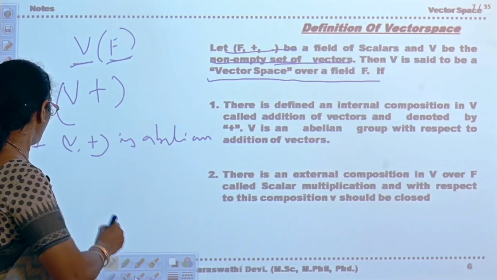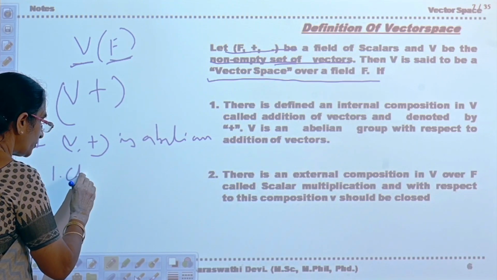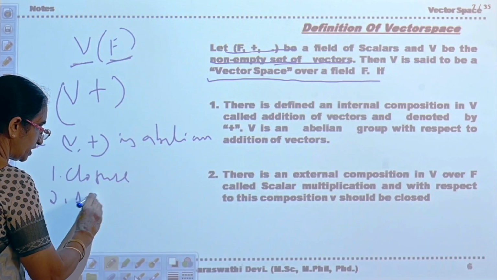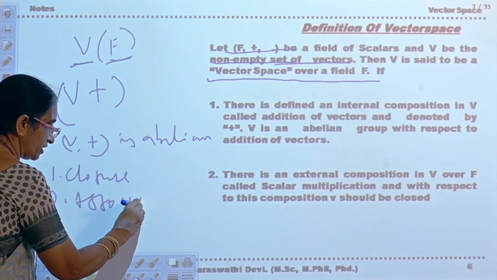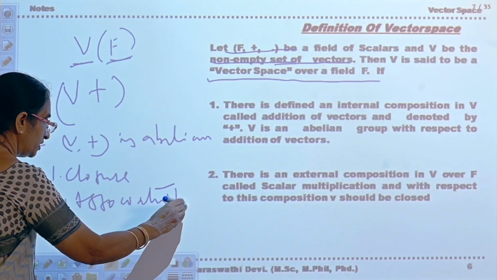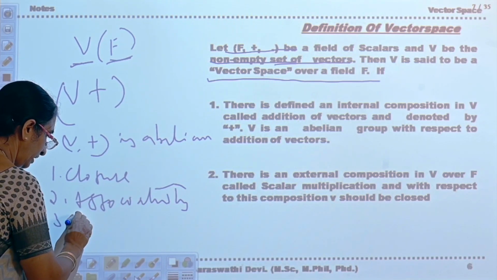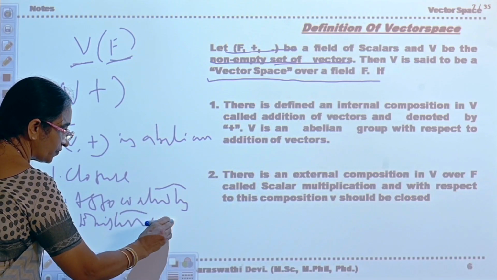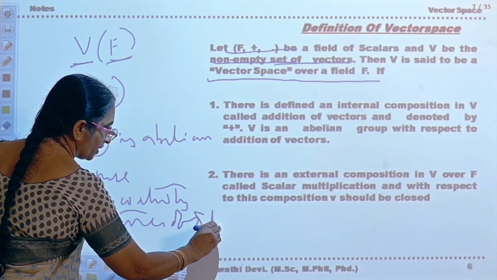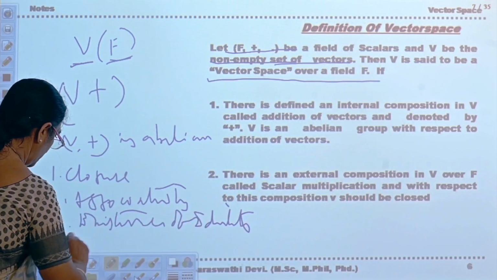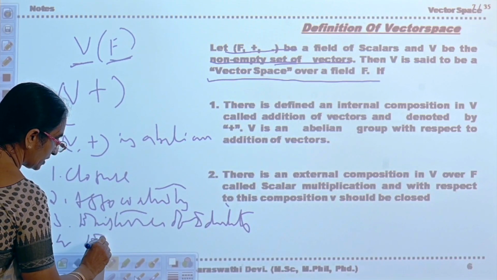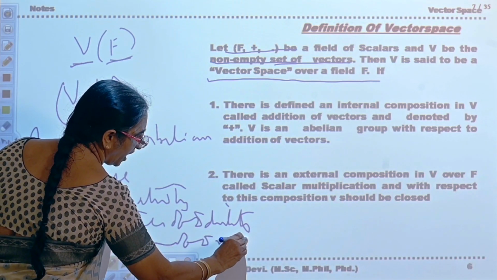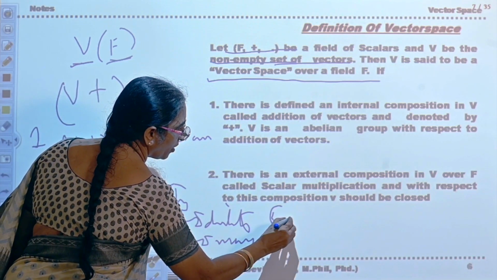The first one is closure property, second is associativity, third is existence of identity, the fourth is existence of inverse, and the fifth is commutativity.